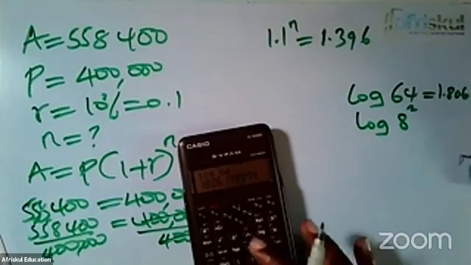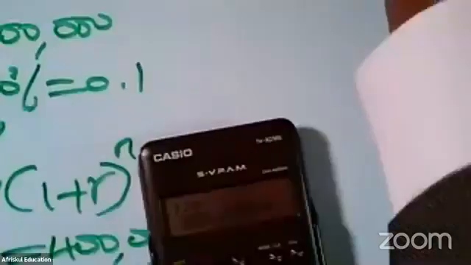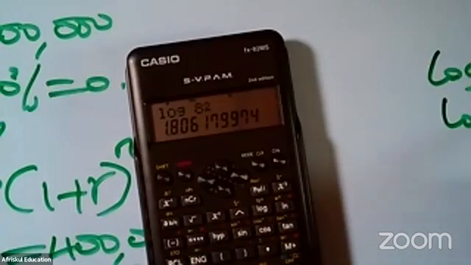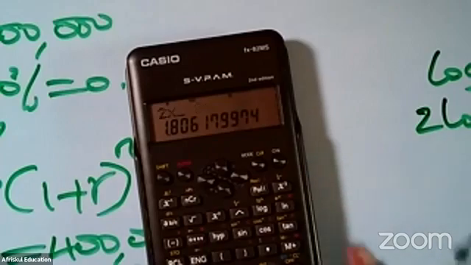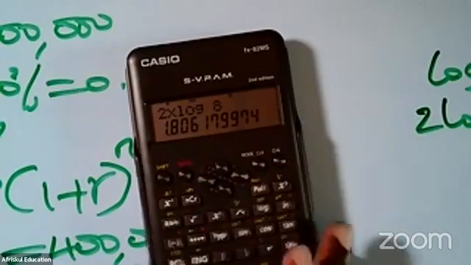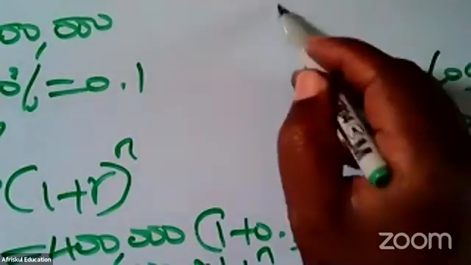If you press log of 8 squared, you will end up getting the same 1.806. And using the third law of logarithms, you can bring the 2 down. If you talk of 2 log 8, you'll end up getting the same value. So what we shall do is to come and introduce logs here.